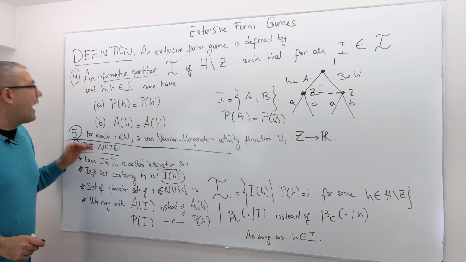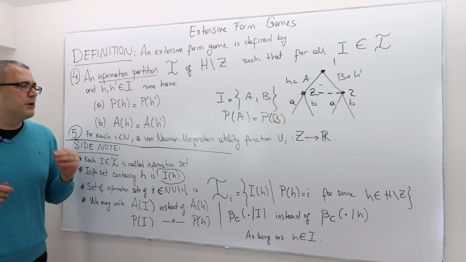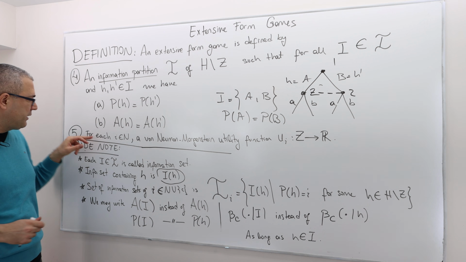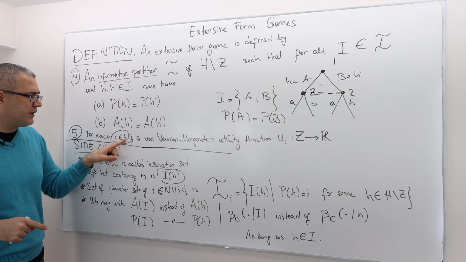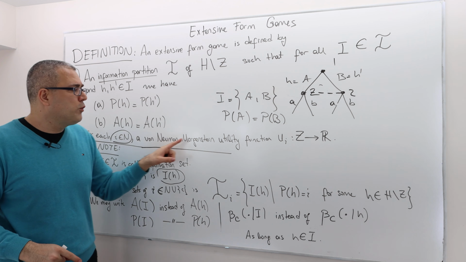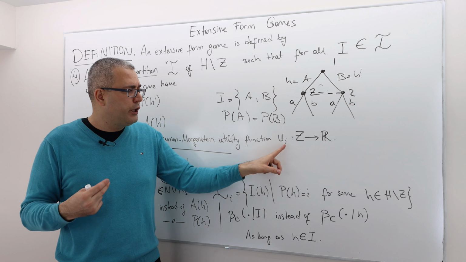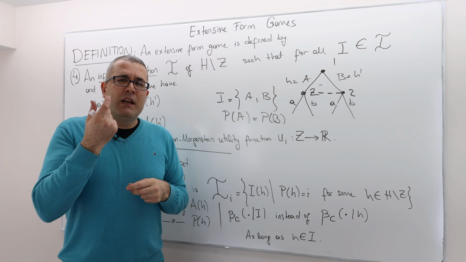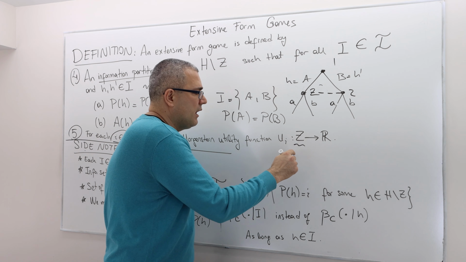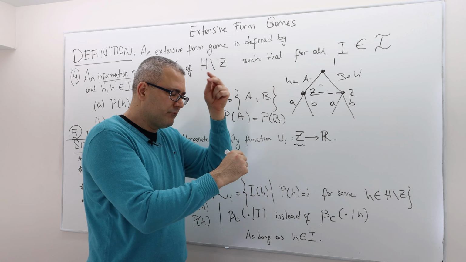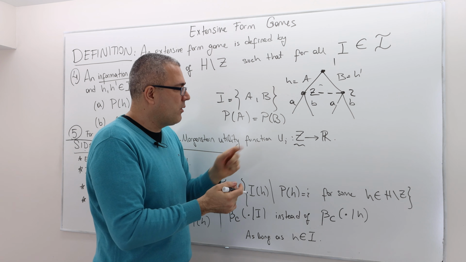Okay? Well, and then the fifth and last ingredient of an extensive form game is a von Neumann-Morgenstern utility function. So each player I, not nature, because again, nature is not a player, must have a von Neumann-Morgenstern utility function denoted by small u_i, which maps each, remember, this is a set of, oh boy, I sometimes forget things that I know.